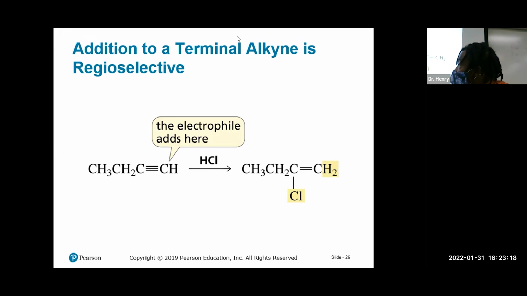Okay, so in the case of the electrophile, it is going to be added here. So in this case, we're looking at the addition to a terminal alkyne, regioselectivity. So here we have a terminal alkyne. We're adding HCl to it.